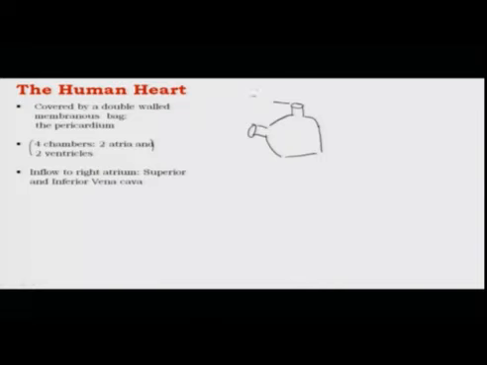This is called the superior vena cava, and this is called the inferior vena cava. These are the 2 big veins which bring deoxygenated blood into the heart, and this is the right atrium.